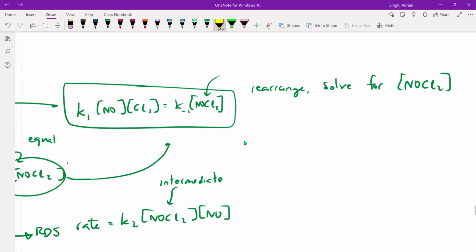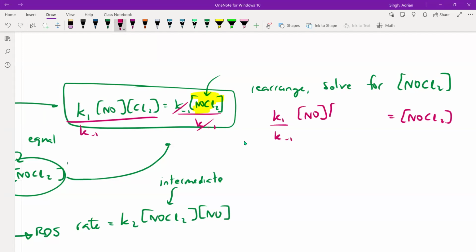If I isolate this on one side of the equation, we have our NOCl2 concentration being equal to, I'm just going to divide this side by K minus 1, and divide this side by K minus 1 as well. It's not that complicated. It's a little bit of algebra. So we end up with K1 over K minus 1 times the concentration of NO times the concentration of Cl2, and this entire thing is equal to the NOCl2 concentration.